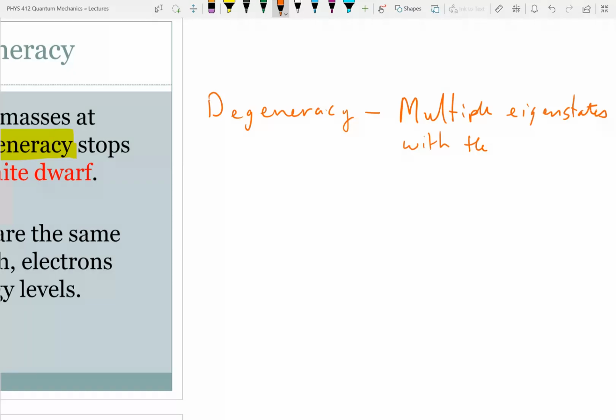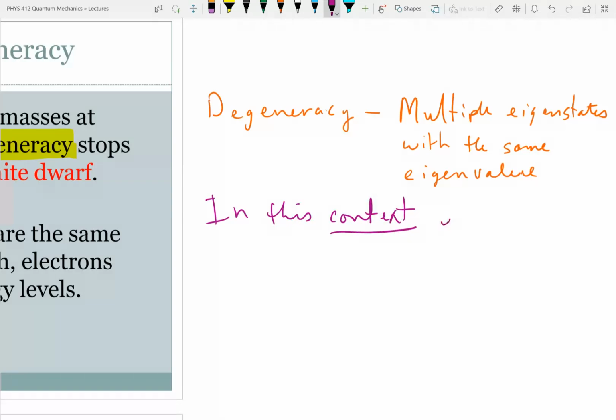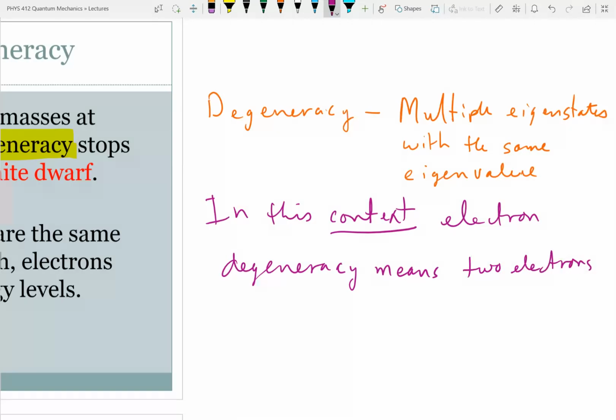Yeah, okay. So multiple eigenstates with the same eigenvalue. That's what it means. In this context, electron degeneracy means two electrons with the same set of quantum numbers.